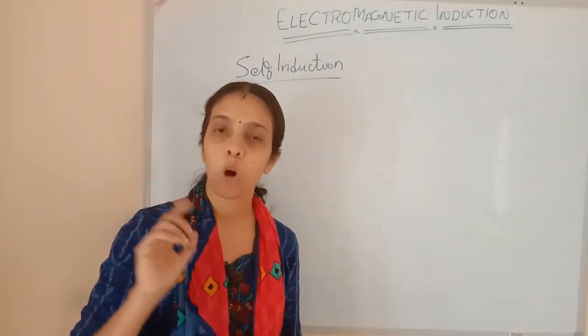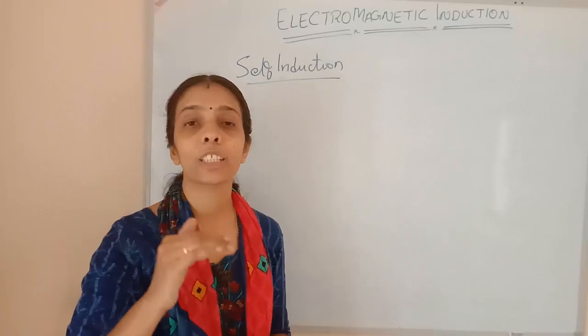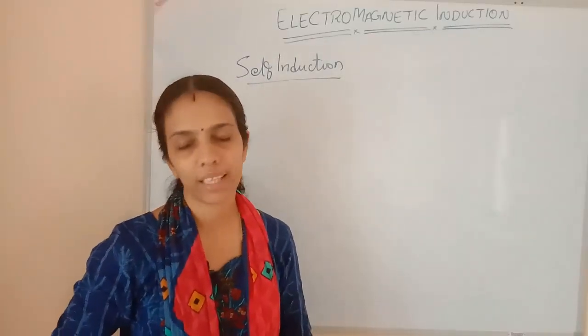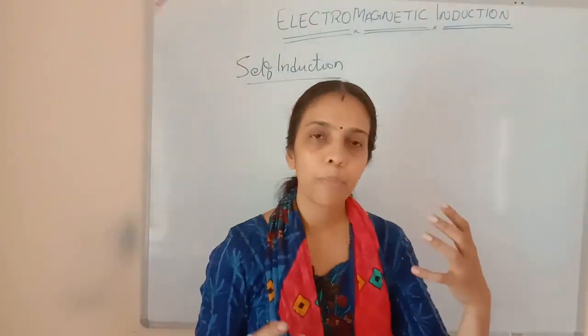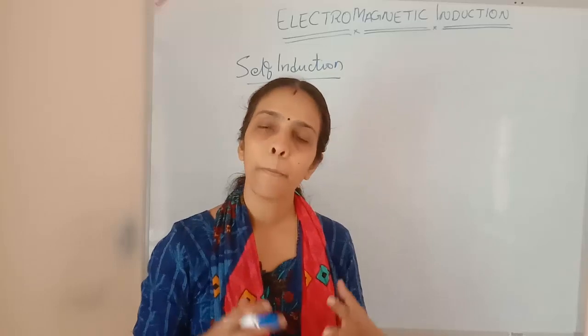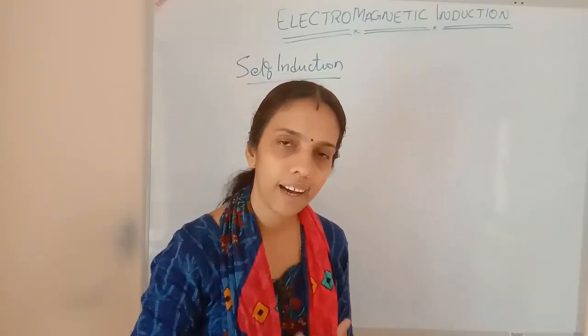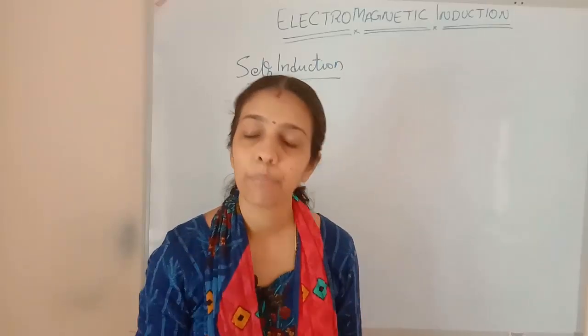How will it stop that? It will stop it with the help of the EMF induced in it. So it is the property of a coil by virtue of which it opposes the change in current flowing through it by inducing an EMF in it.